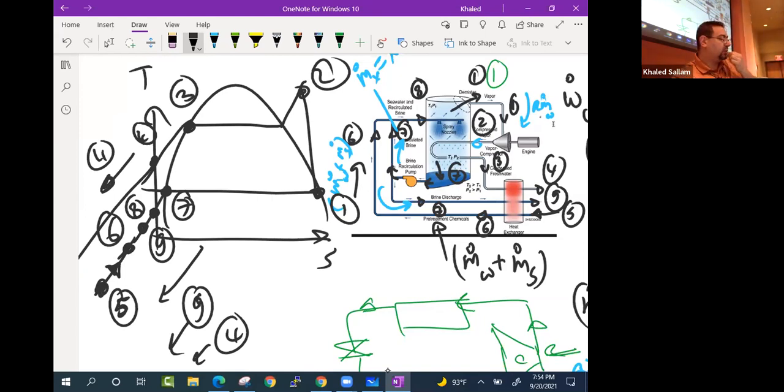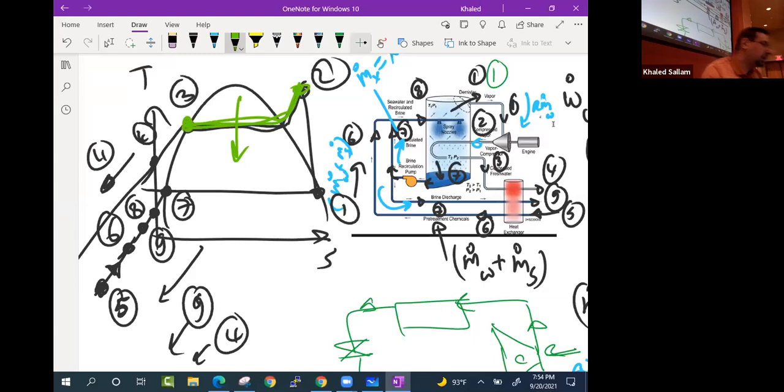So now to write the final equation, which is the evaporator equation, what is going on in that evaporator? This guy is cooling himself by heating, 2 going to 3, by heating what?